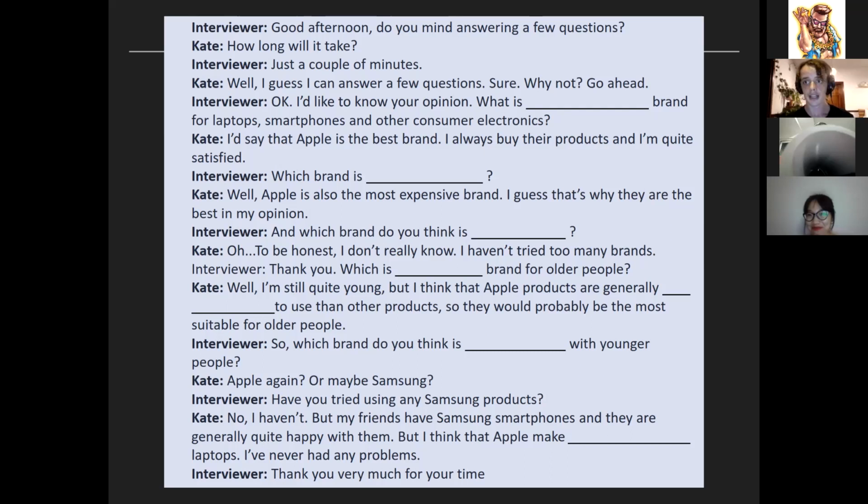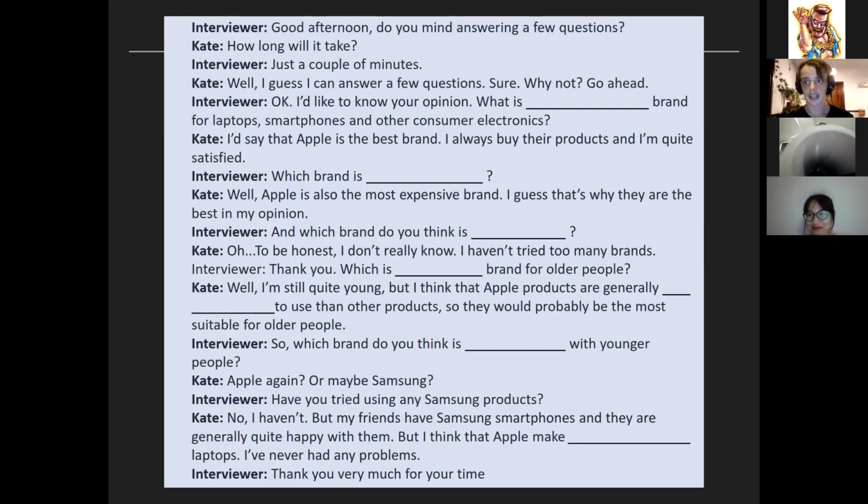To be honest, I don't really know. I haven't tried too many brands. Thank you. Which is the most suitable brand for older people? Well, I'm still quite young, but I think that Apple products are generally easier to use than other products, so they would probably be the most suitable for older people. So which brand do you think is the most popular with younger people?